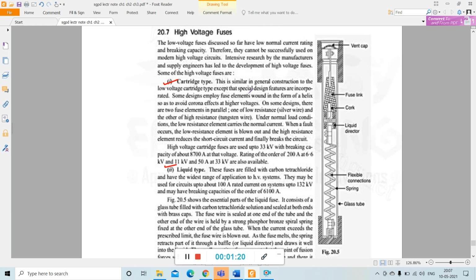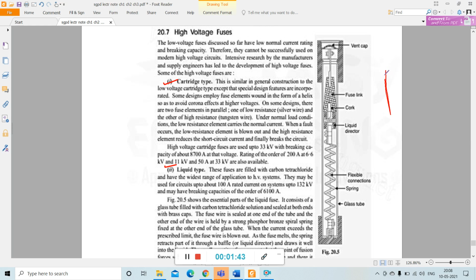Cartridge type is quite similar in general construction to the low voltage cartridge type, except that special design features are incorporated. Some designs employ a fuse element wound in the form of a helix so as to avoid corona effect at higher voltage.